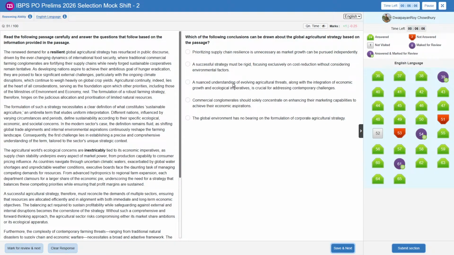A nuanced understanding of evolving agricultural threats, along with integration of economic growth, is crucial. Addressing solely, no bearing, must be rigid, focusing exclusively, unnecessary.